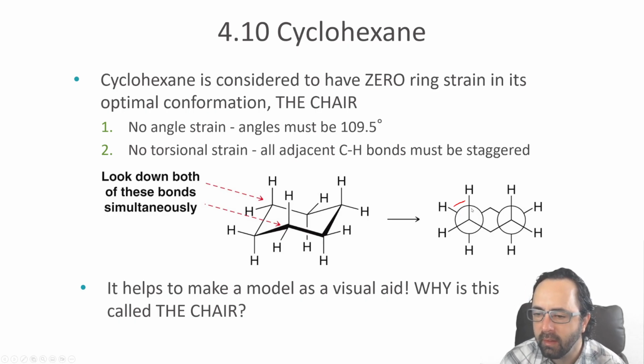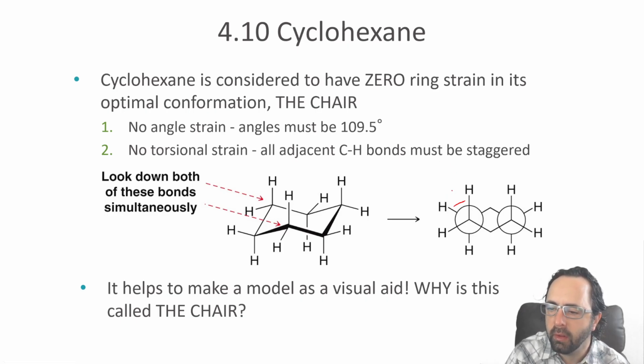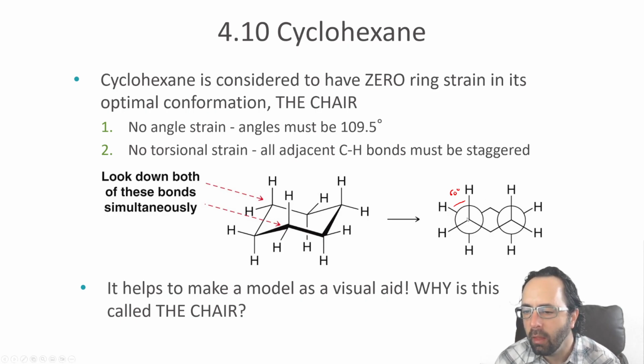But when they're in this staggered configuration, where these have a dihedral angle of 60 degrees, this allows for no torsional strain, and so this chair structure becomes a very low energy structure relative to other potential cyclohexane conformers or ways of arranging this.